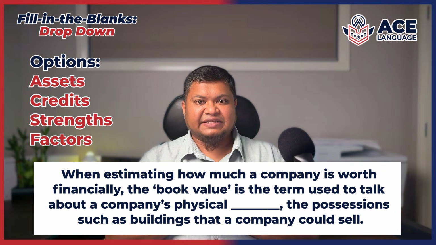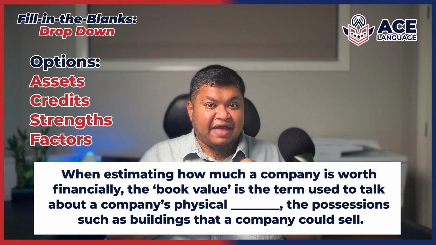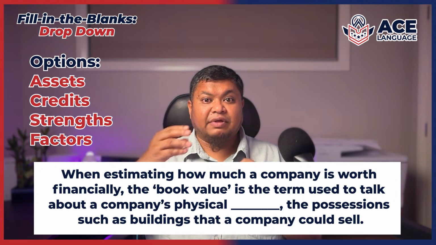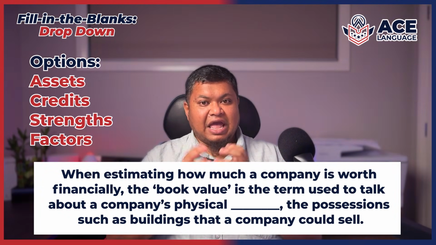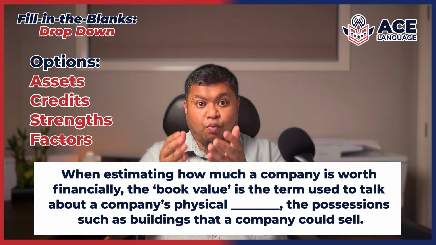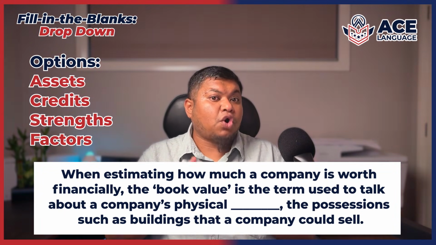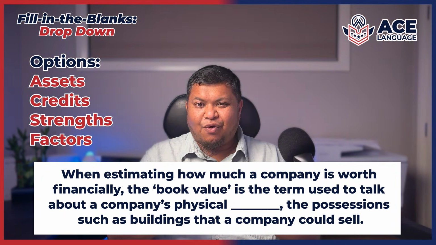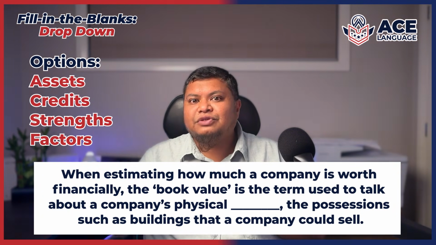In this sentence, it is clear that the sentence is talking about value that is measurable in the book, by the word book value. And after the comma, a word like possessions was used, which means owning something. And also, another clue here is something that can be sold.